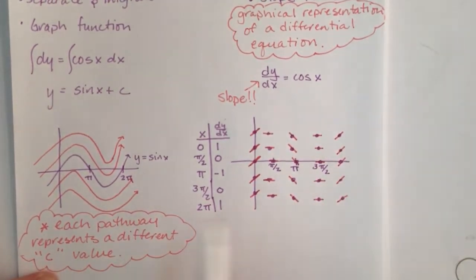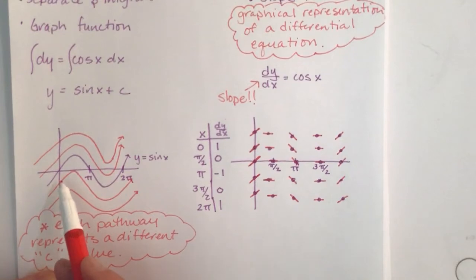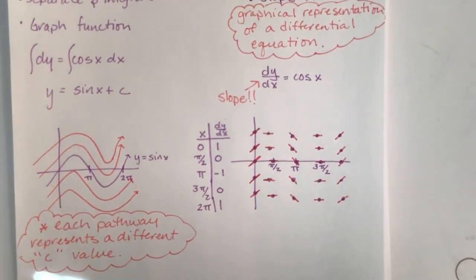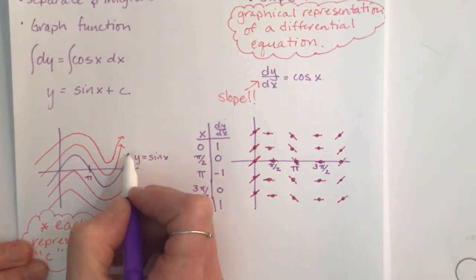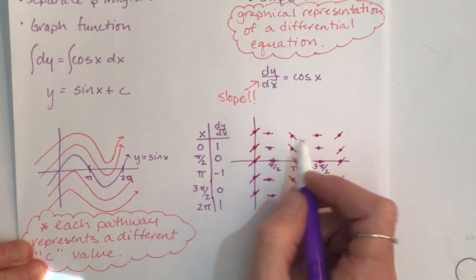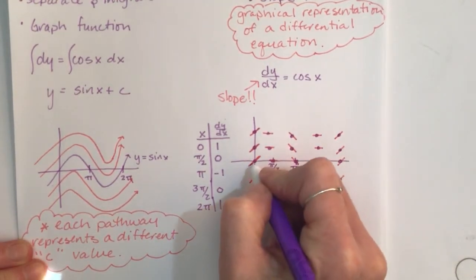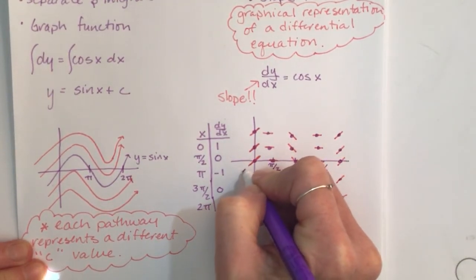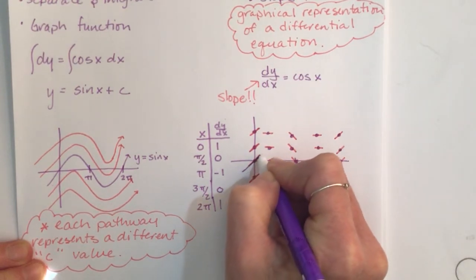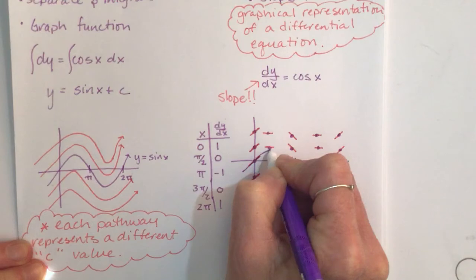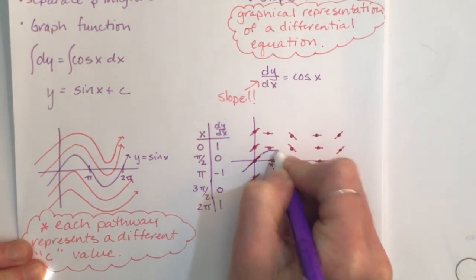And you said, well, this doesn't look much like this, but it does, right? If you were to connect these slopes and draw a particular solution through here, we would just follow the tangent slope. So my tangent slope is 1 there, and then it curls around, and it's 0 here as it passes through pi over 2.